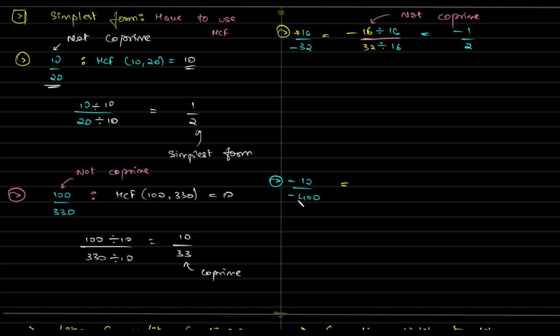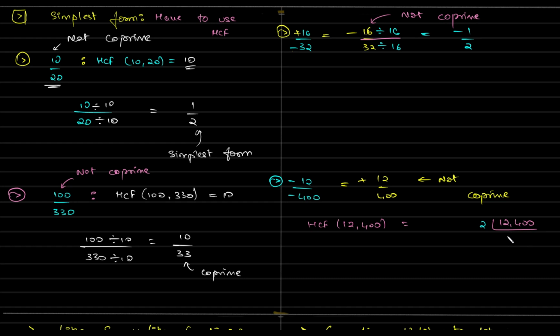So here we have negative divided by negative, so it's positive. 12 by 400. Clearly they're not co-prime, and the HCF between 12 and 400 is what? Well, if you're not able to do that, just write it aside. Take the number which makes sense to you guys. We'll start with 2.